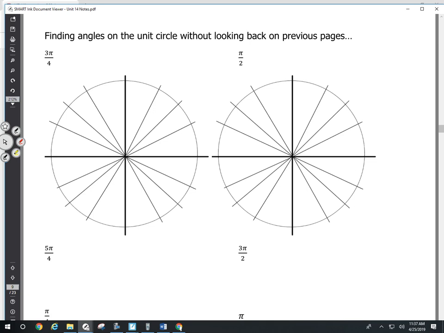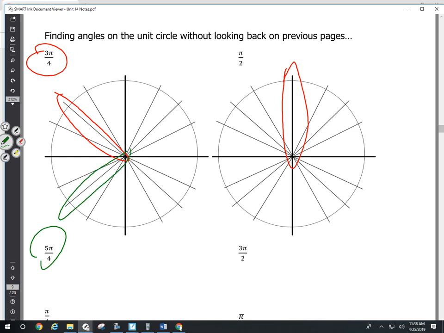3 pi over 4 is 1 pi over 4 away from 4 pi over 4. I subtract 1. Pi over 2. 5 pi over 4. 1 pi over 4 more than 4 pi over 4. We will be able to do this without creating the entire circle, and we will practice it before our next quiz.